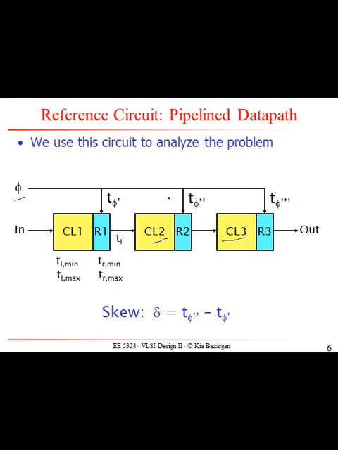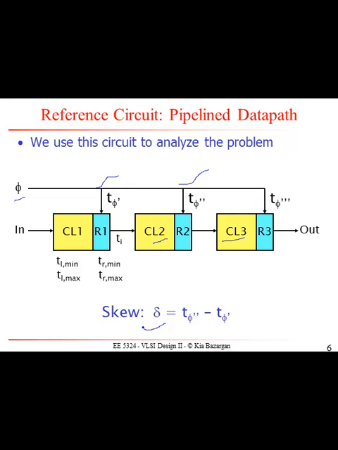But physically, the signal has to travel from here to here, and there's going to be delay in between that, right? So we want to formulate that and find out how much the skew can change based on the delays of the wires that deliver the clock signal.